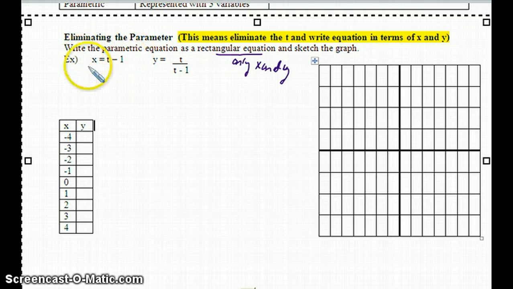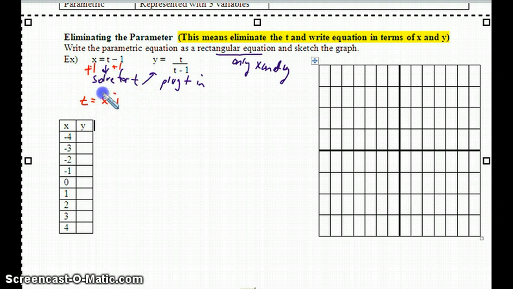Here's my thought process. If I look at this equation and I know that x is equal to t minus 1, and there's a couple of t's over here in this equation, my goal here is to solve this for t and then plug t into this equation. If I solve this for t, the way I would do that is I'd have to add 1 to both sides. So I end up getting t equal to x plus 1.